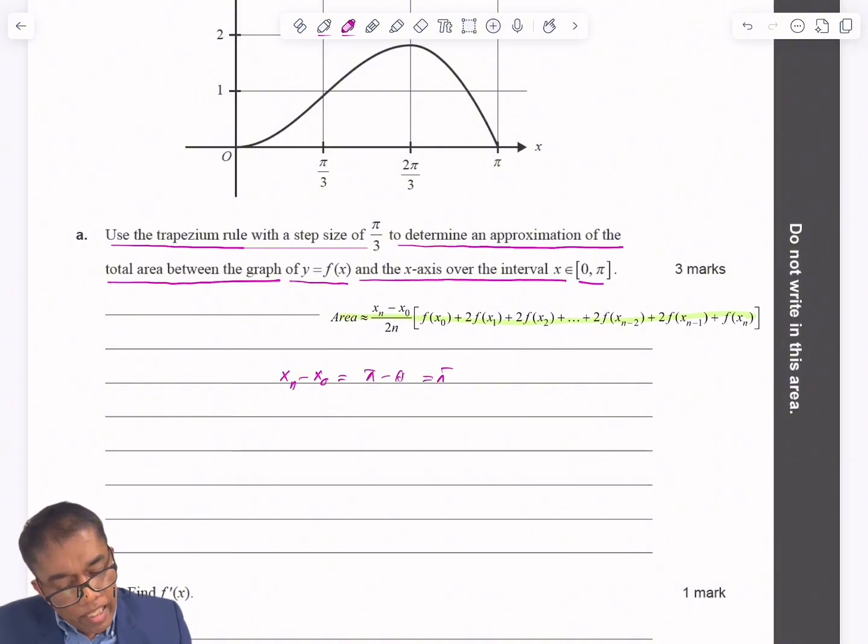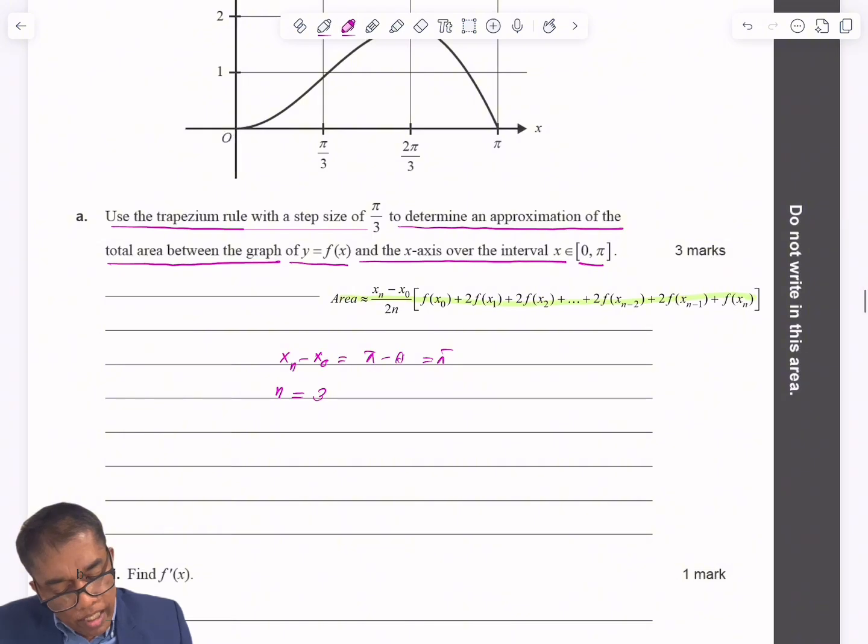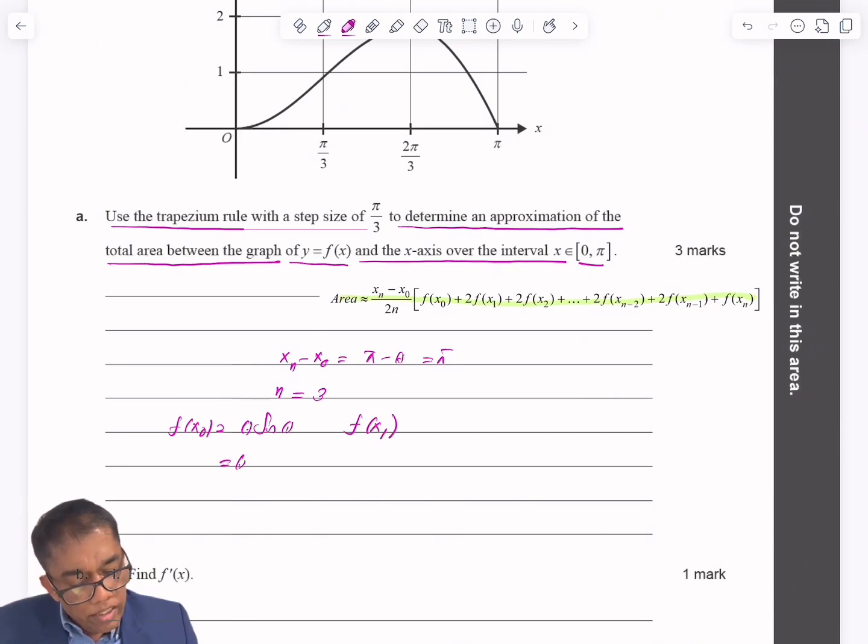What is n? n is the number of steps. Steps is 3. Then f of x0 means the initial value. That means 0 times sine 0, which is 0. f of x1 is pi on 3 times sine pi on 3.